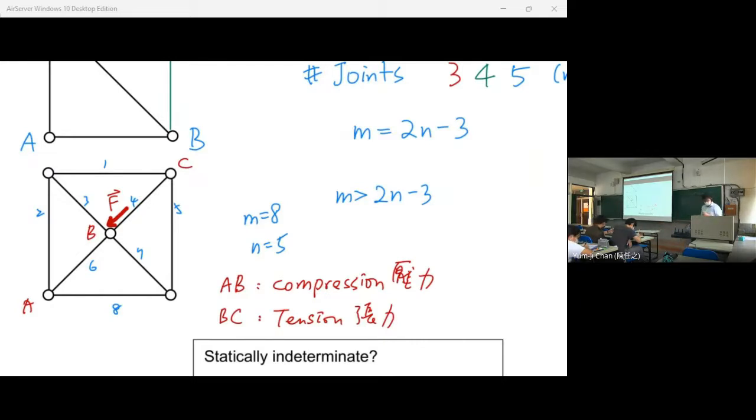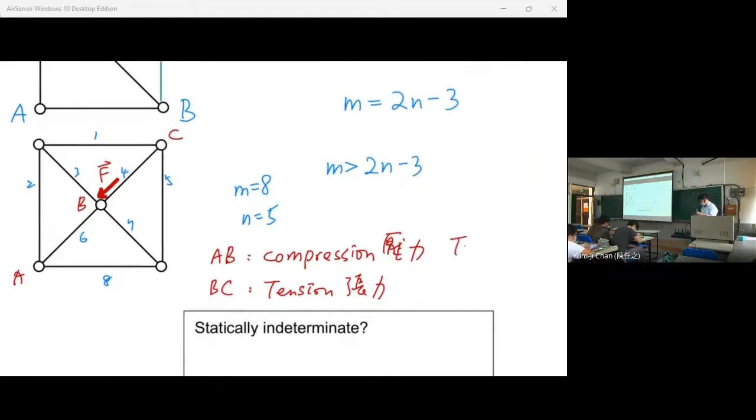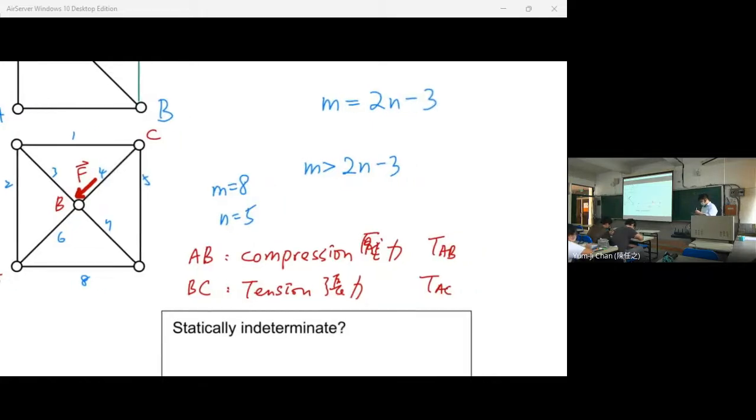We can get an equation: let's say we have TAB and TAC, and of course we know TAB plus TAC is equal to F. But can we get TAB and TAC from one single equation? We have two unknowns, right? We don't know the compression or tension in these two, but we have only one equation.